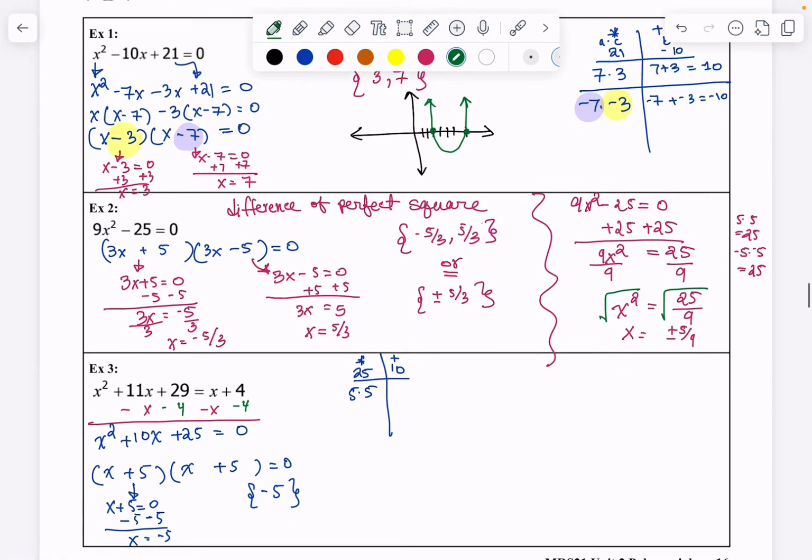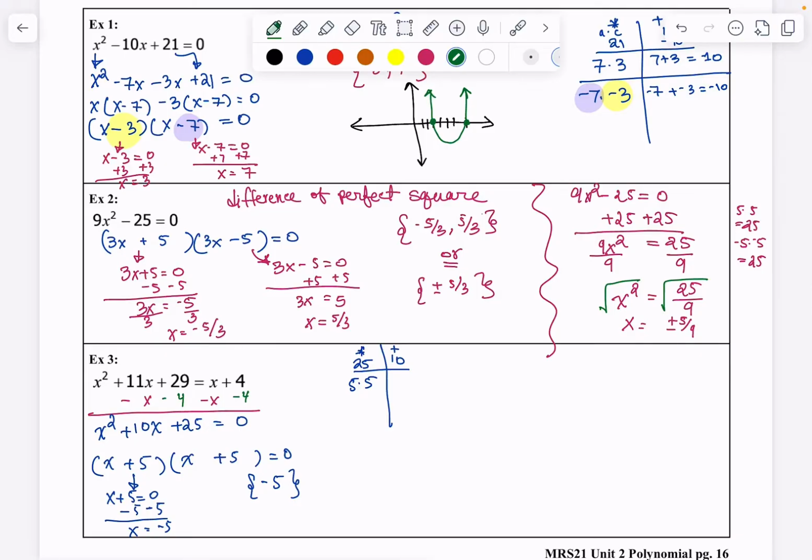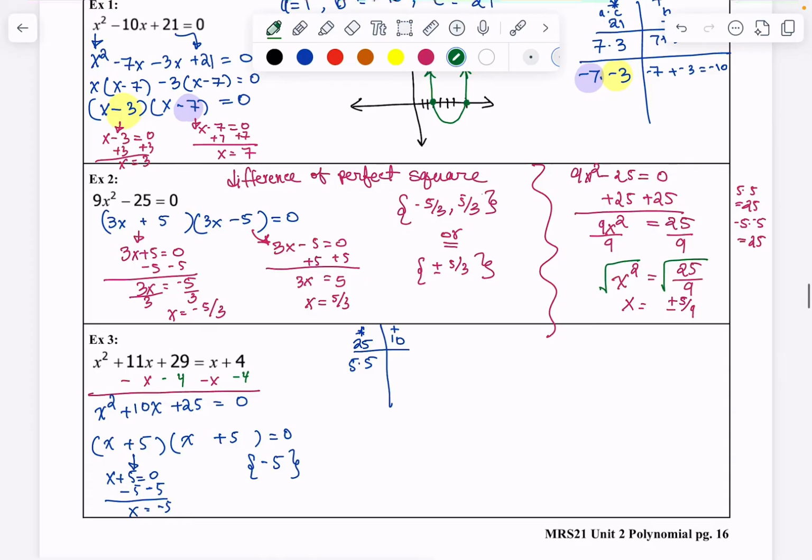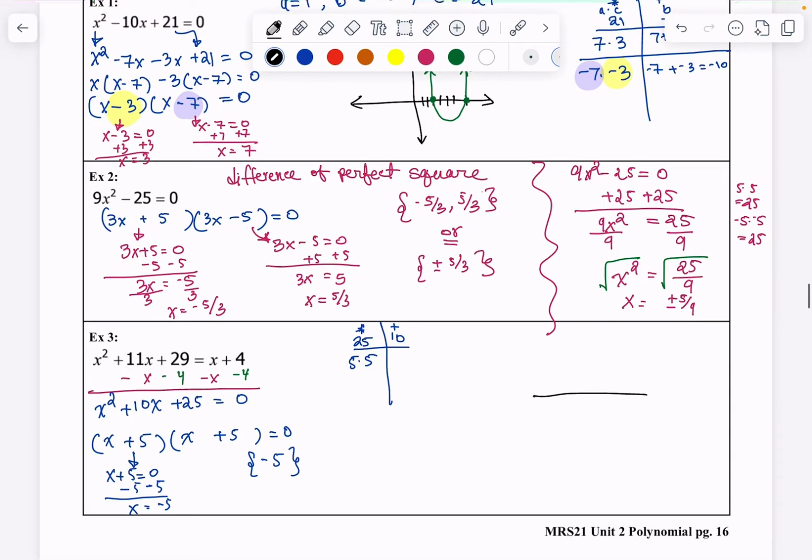Same goes for the next graph as well. You will end up touching the 5 over 3. Same for our last one, if we do end up graphing this, we will definitely go through this negative 5 for our graph. So that's something we need to make sure, that we plot the points to check.